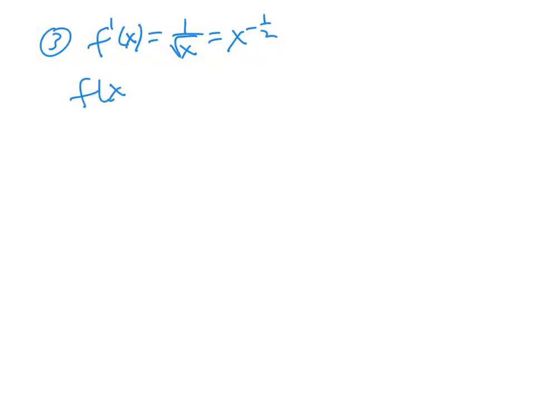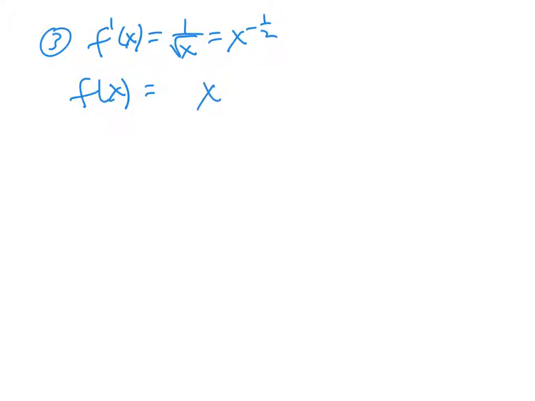Next, number 3. If you are given the derivative of a function, in this case 1 over root x, what was the original function? Well, first change it to x to the negative half. Now remember, when you take a derivative, you have to put the power in the front and reduce the power by 1. So that means if we're going the other way, we have to increase the power by 1.